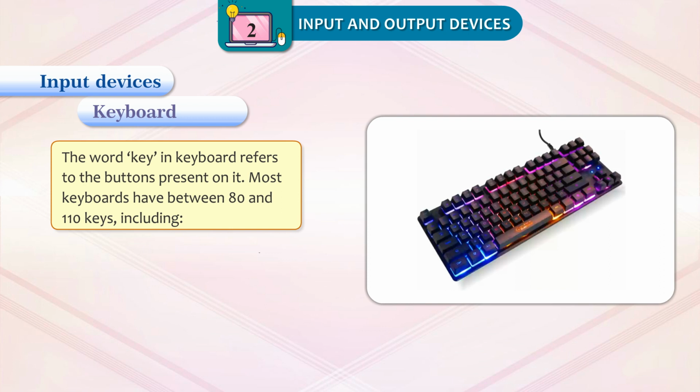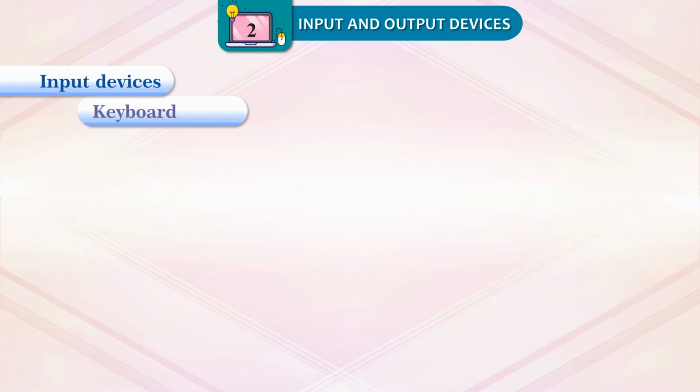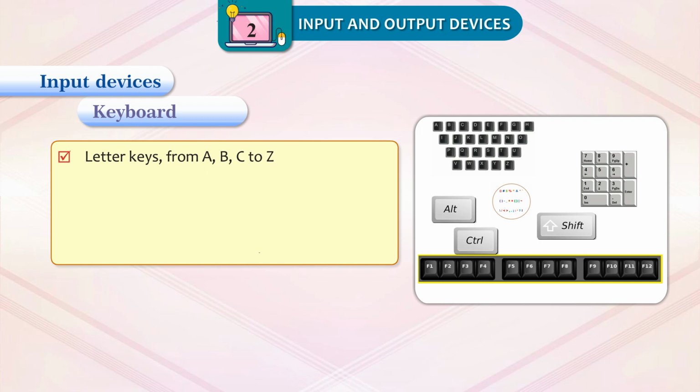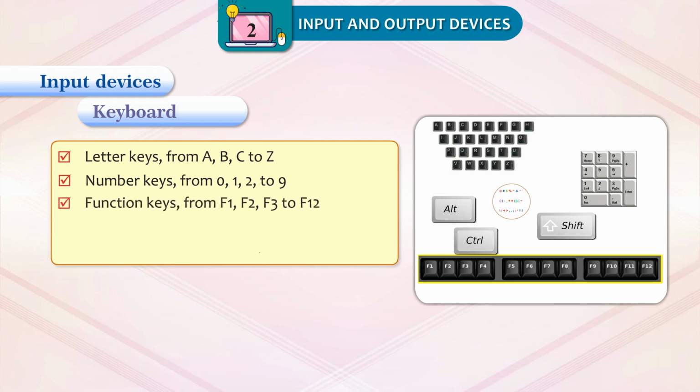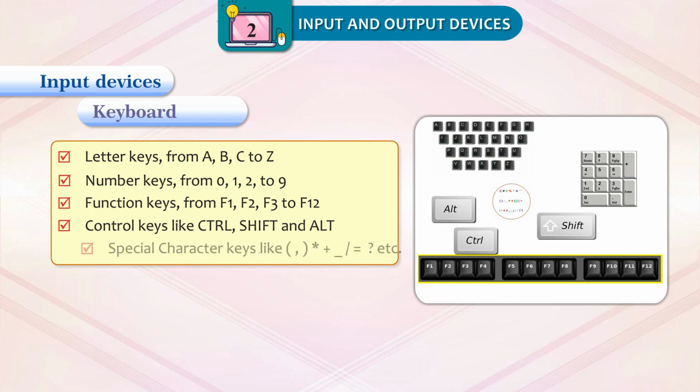The word key in keyboard refers to the buttons present on it. Most keyboards have between 80 to 110 keys, including letter keys from A, B, C to Z, number keys from 0, 1, 2 to 9, function keys from F1, F2, F3 to F12, control keys like Control, Shift and Alt.